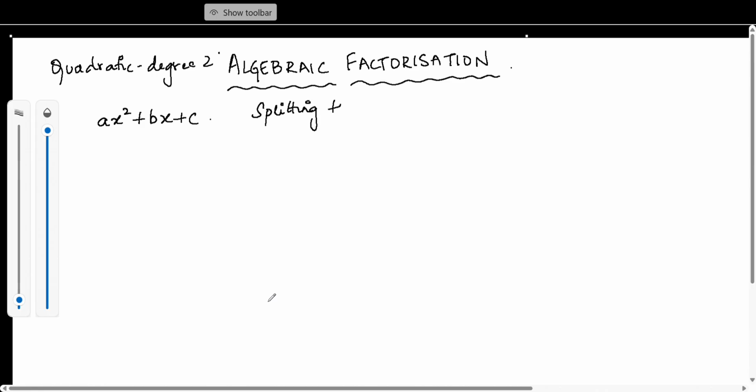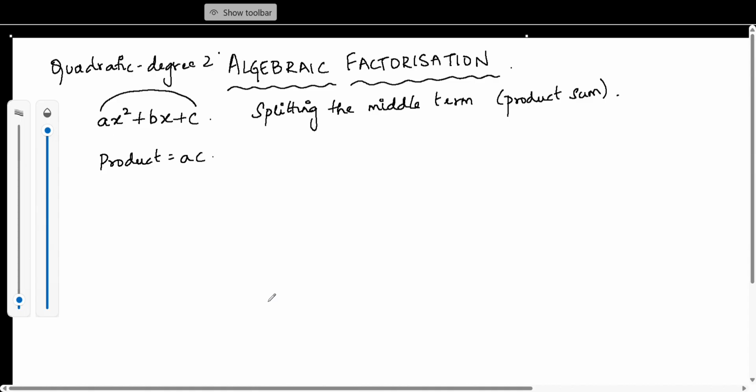This is the most common method used, which is also called the product sum method. In this method, the product is the coefficient of the squared term and the constant term, AC here. The sum will be the coefficient of the middle term, which is B here.